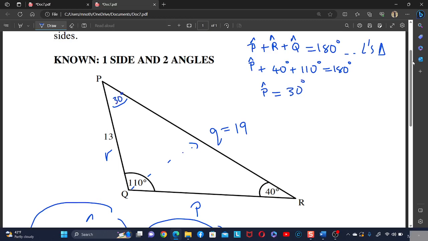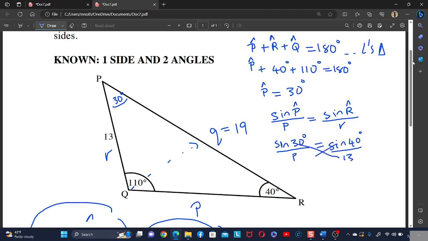Now let's find side P. We can say that sine angle P all over side P is equal to sine R all over R. You can choose Q or R to use, so let's just use R. So we have sine 30 degrees all over P is equal to sine 40 all over 13.